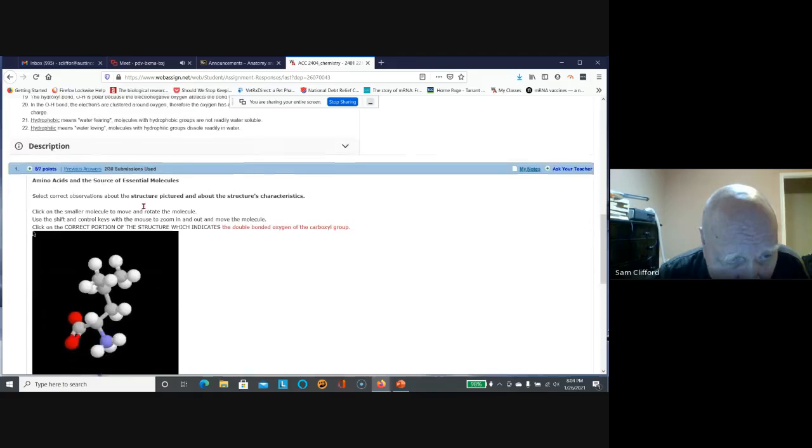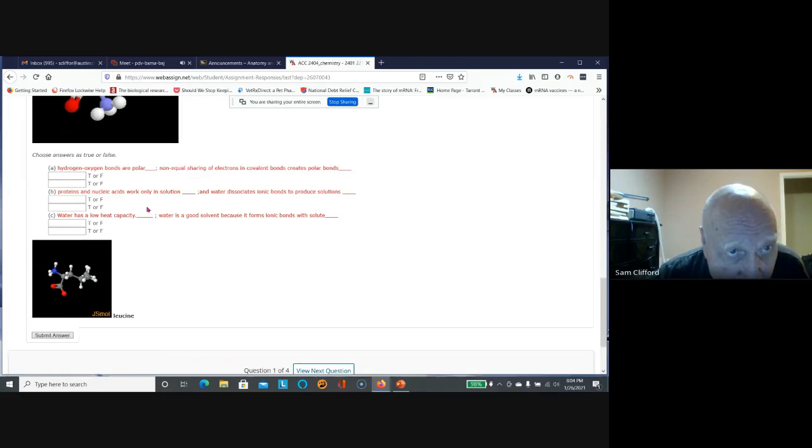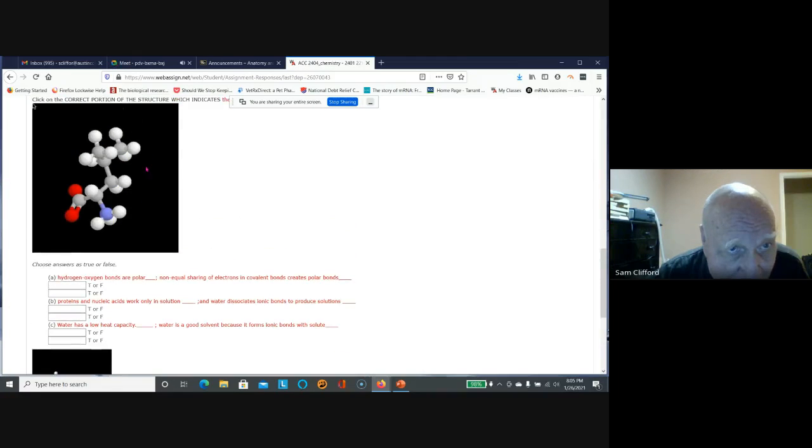So let me go through this right here. Okay, everybody sees this is called a ball and stick model. Red is oxygen, blue is nitrogen. This is called the carboxyl group.